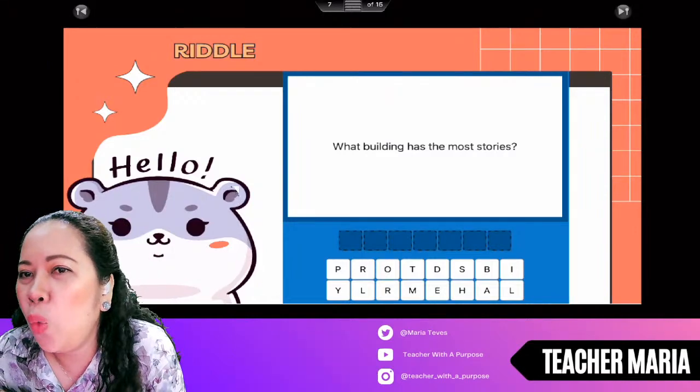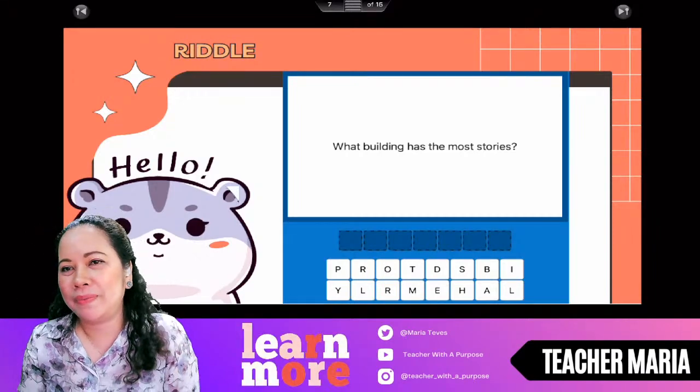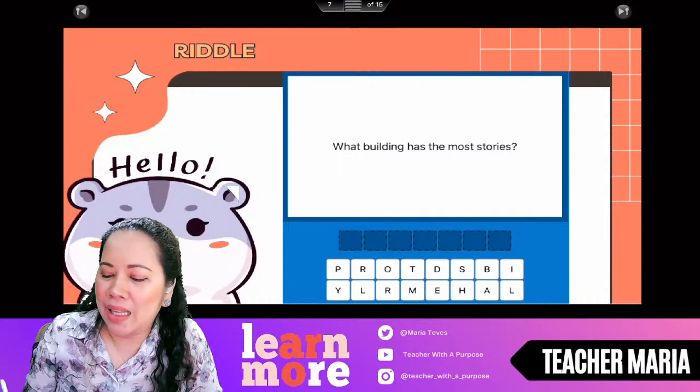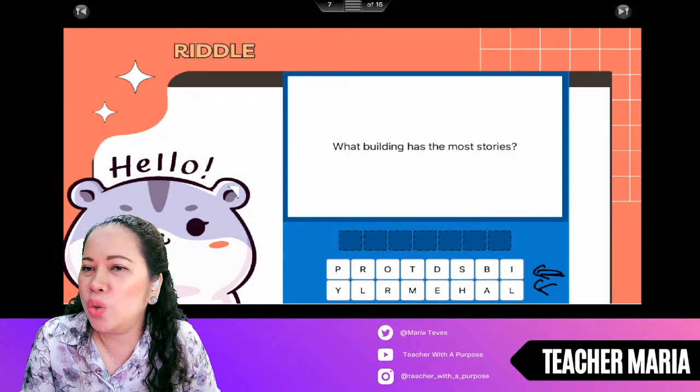Next riddle. What building has the most stories? Again, just choose the letters from here. Don't go anywhere.